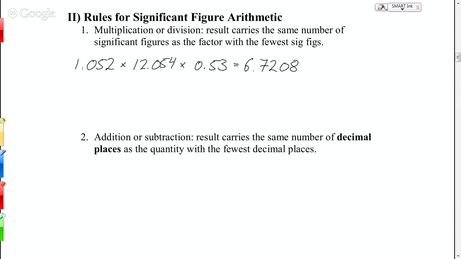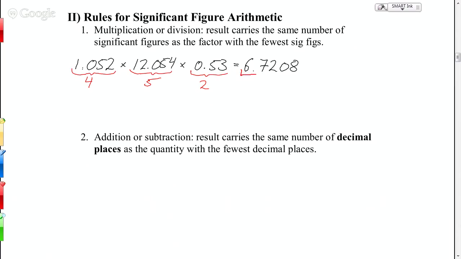So how many significant figures in this one? 4. And what about in this one? 5. And then what about in this one? Yep, just 2 in that one. That 0 doesn't count, remember, because it's before the decimal place. So then how many significant figures should we report our answer in? Just 2.